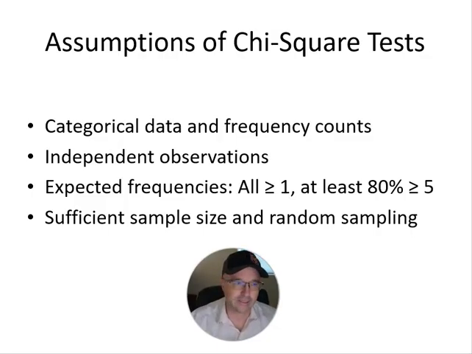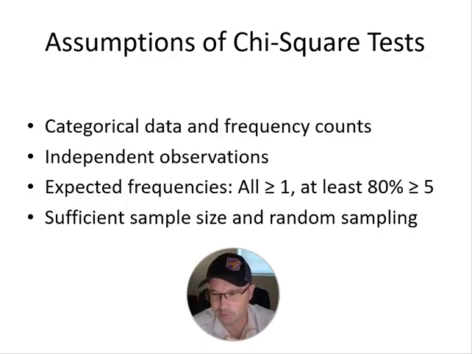That is simply because the chi-square test just doesn't work as well when there are too many frequencies below 5, and there's a risk of type 1 and type 2 errors. Remember, type 1 is falsely rejecting the null hypothesis, and type 2 is failing to reject a false null hypothesis.